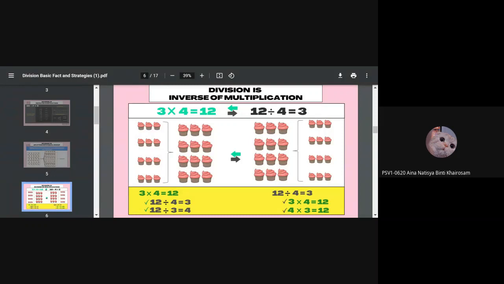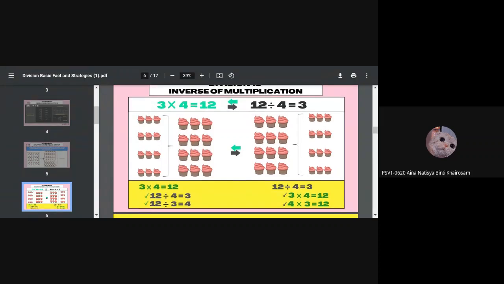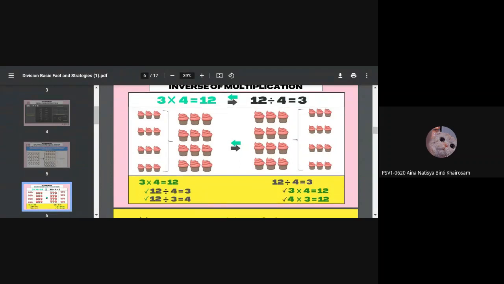For 3 times 4 in multiplication, we have 4 groups of 3 cupcakes, and then we combine them all in one group. So they have 12 cupcakes. While in division, we have one group of 12 cupcakes, and then we split them equally into 4 groups of 3 cupcakes. So it is the same, but just inverse.